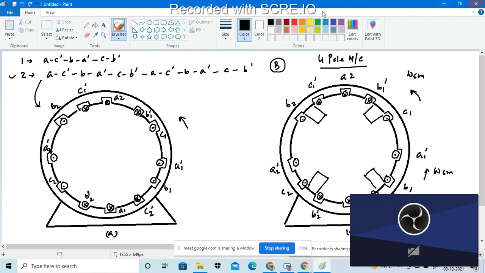So this is a four pole machine. This is my north pole, this is also my north pole, this is a south pole, and this is also a south pole. The magnetic flux that will be developed, we are considering over here as B.